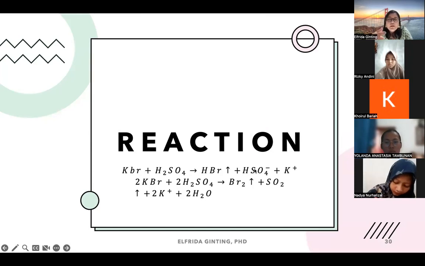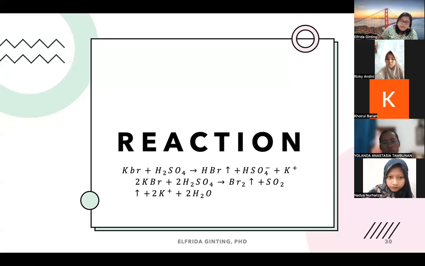Now, when we use a higher concentration of sulfuric acid, you can see here we have 2 moles of sulfuric acid. It will not evolve hydrogen bromide anymore, but it will evolve bromine gas and sulfur dioxide gas. So with a different concentration, a different gas will be released.